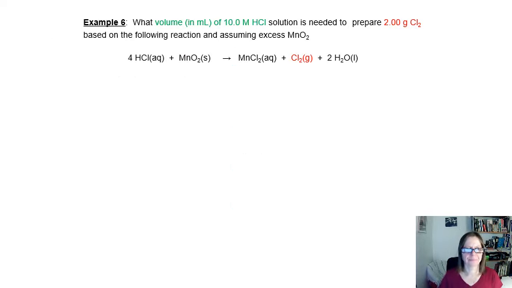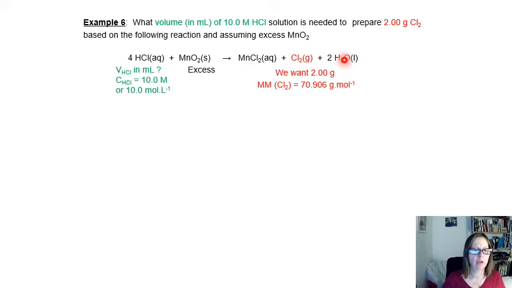Example 6. What volume in milliliters of 10 molar HCl solution is needed to prepare 2 grams of chlorine based on the following reaction and assuming excess manganese oxide? So this is the reaction: 4HCl plus manganese oxide gives manganese chloride plus chlorine plus water.